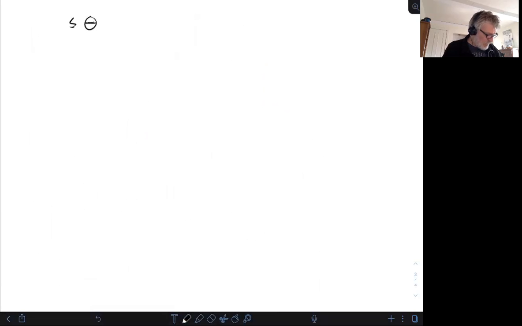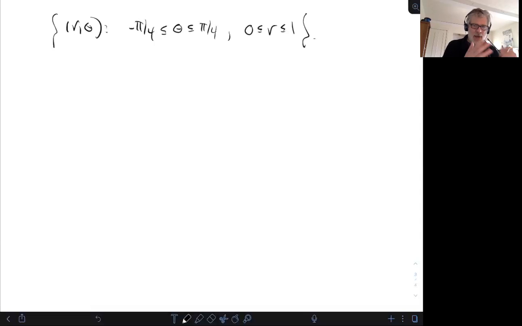If I look at the region r, theta such that theta is between this. Let's say I put this. I'm going to do two explanations here.